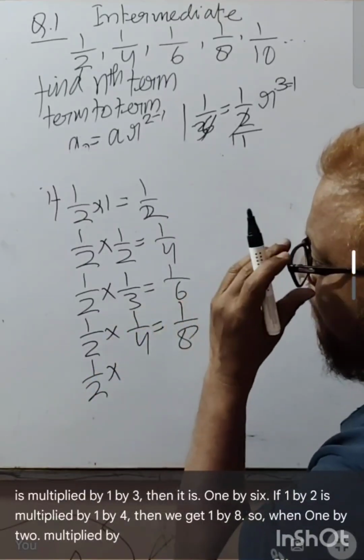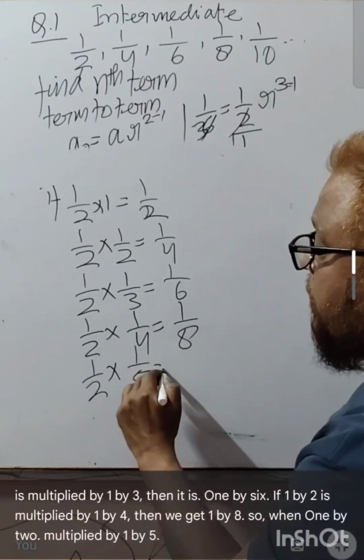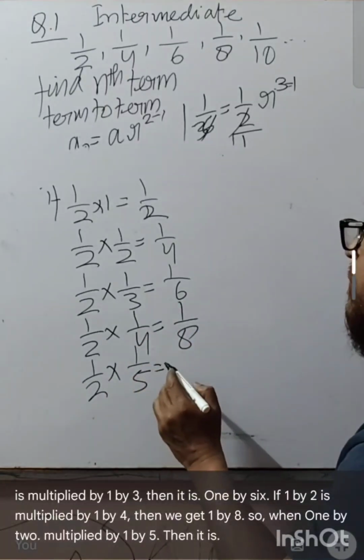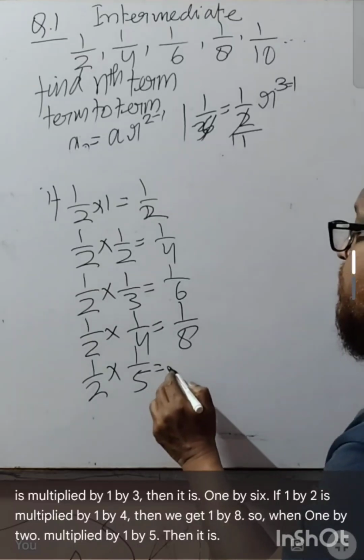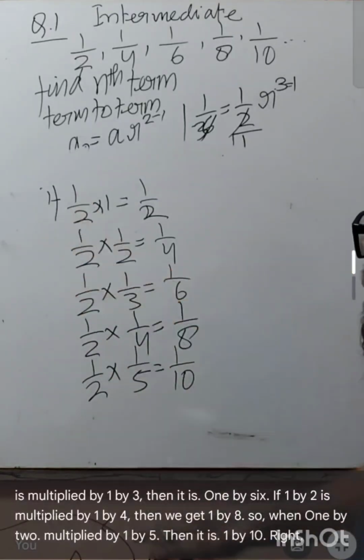Multiplied by 1 by 5, then it is 1 by 10, right?